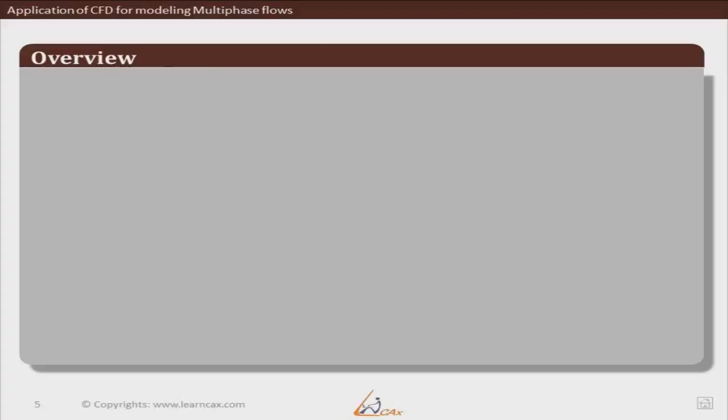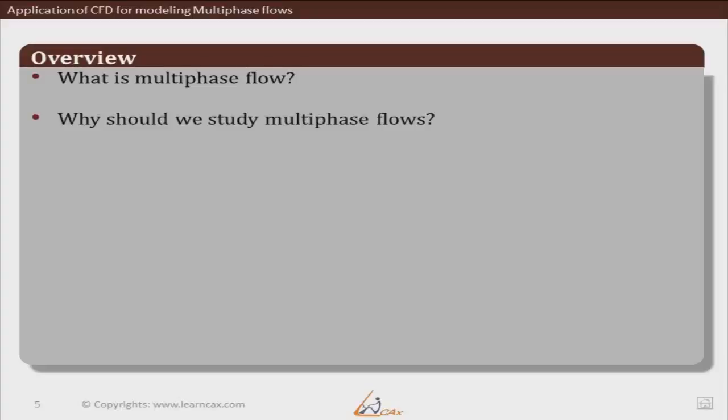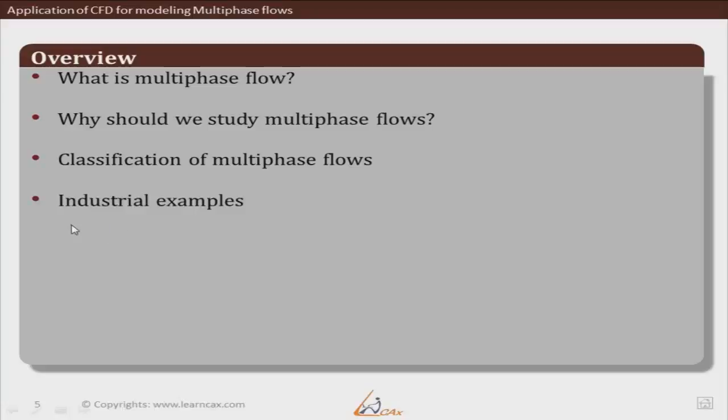Now we'll begin the particular presentation, which is application of CFD for modeling multiphase flow. So an overview of the slides that are about to follow. First we'll see what is multiphase flow, and why we should be interested in modeling multiphase flow. After that we'll have classification of multiphase flows, and the various types that multiphase flow is divided into. So we'll have discussion about those types.